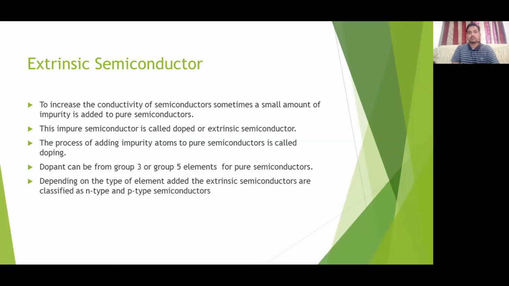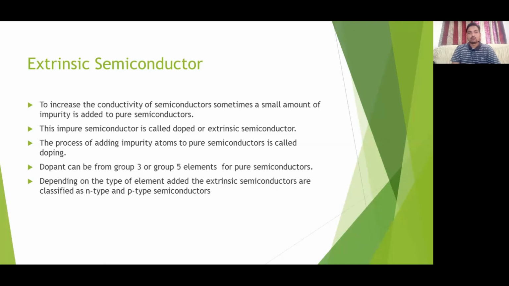Dopants generally come from group 3 or group 5 elements. The elements of group 3 have 3 electrons in their outermost shell, and elements of group 5 have 5 electrons in their outermost shell. So the first class has a deficiency of 5 electrons to complete their octet, and the second class has a deficiency of 3 electrons to complete their octet.